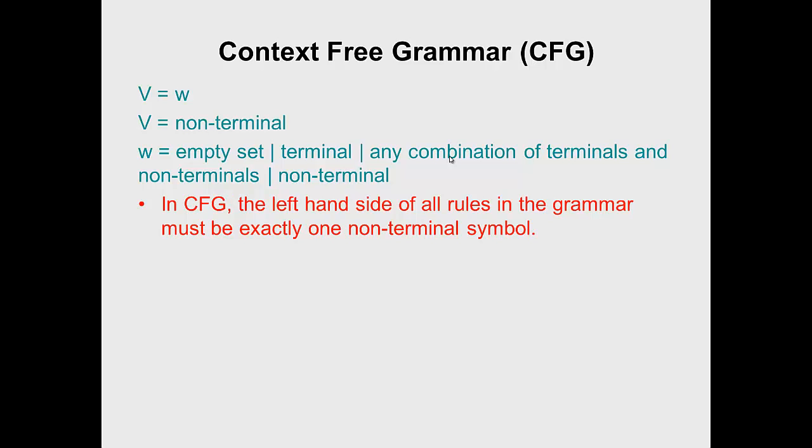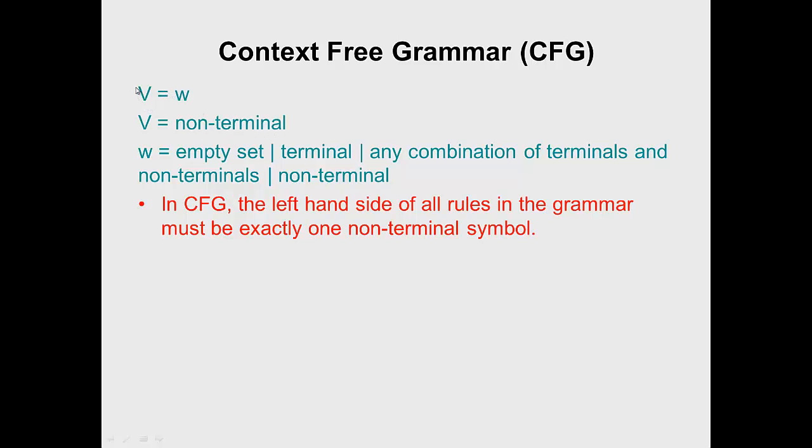So all rules in context-free grammar have to follow the format V equals W. V, the left-hand side of the rule, always has to be a non-terminal. V equals non-terminal.